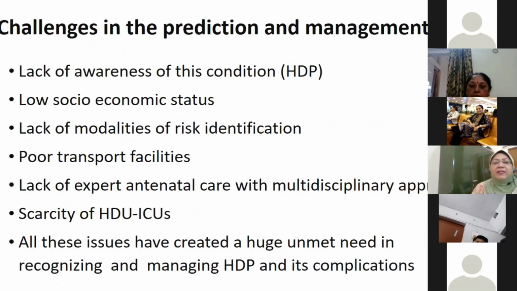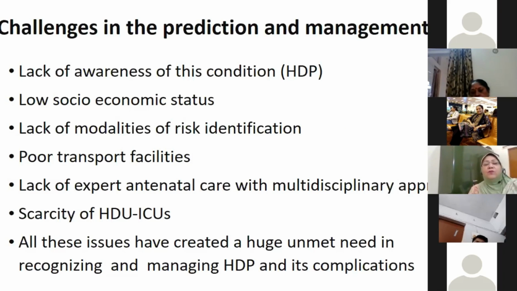So there are a lot of challenges because of which the women will develop hypertensive disorders. One of them is, of course, lack of awareness, the low economic status. They do not have the resources to be able to go and seek care. There's poor transport, lack of modalities for risk identification.